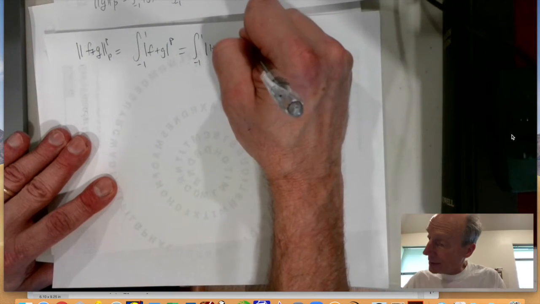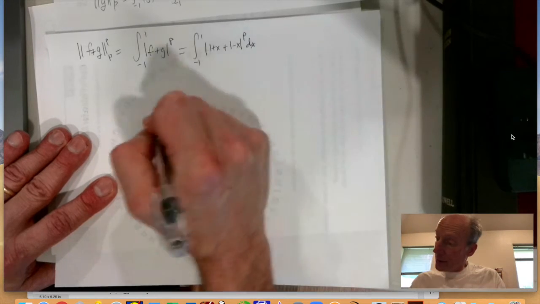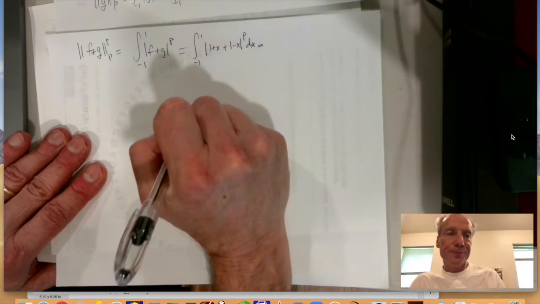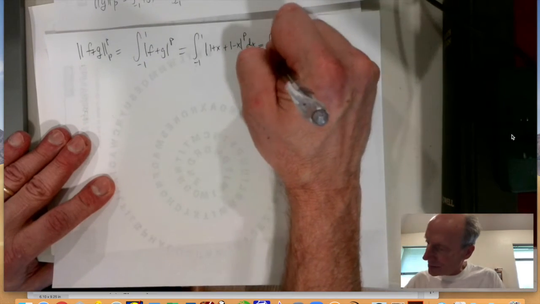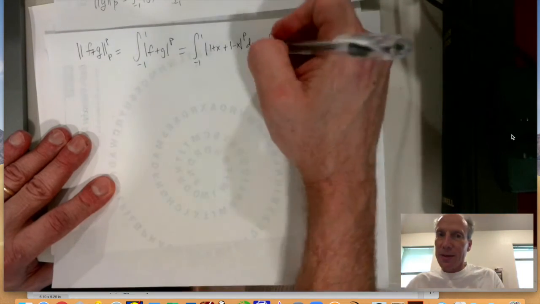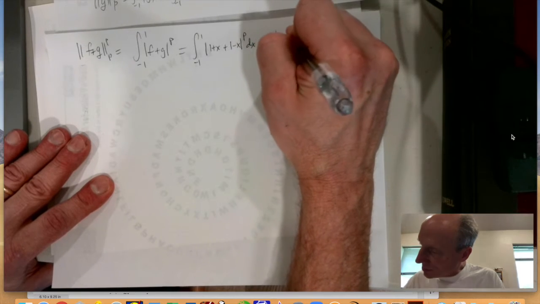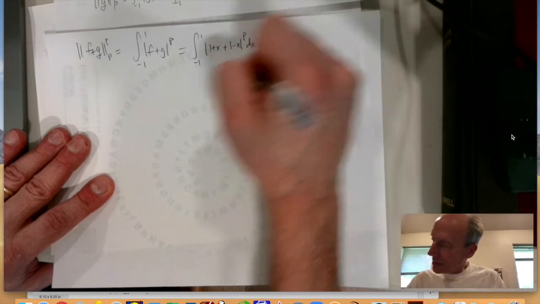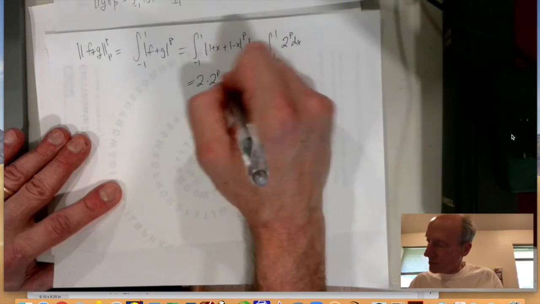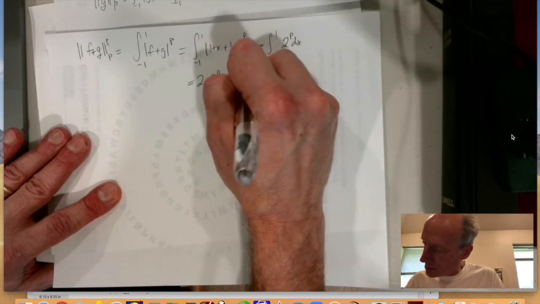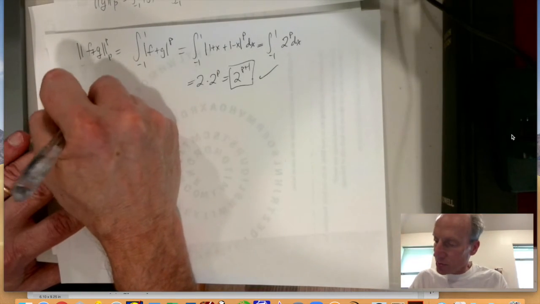This is really going to be tough. Okay. Who knows what to do? Right, Peter. Excellent. It's the integral from negative 1 to 1 of 2 to the p dx. And so it's 2 times 2 to the p, because that's just a constant, and it's 2 to the p plus 1. Yay. Okay, now we have to subtract them.